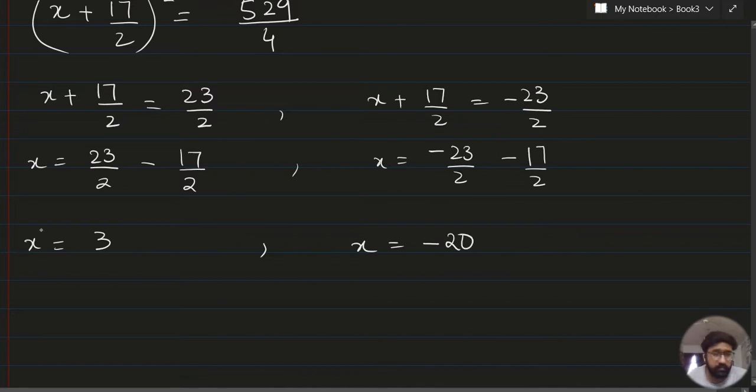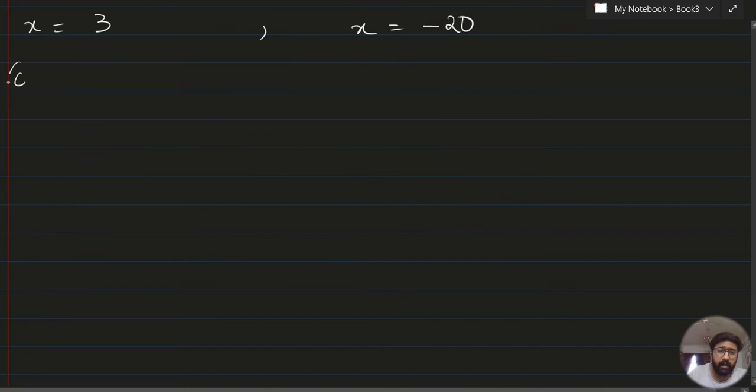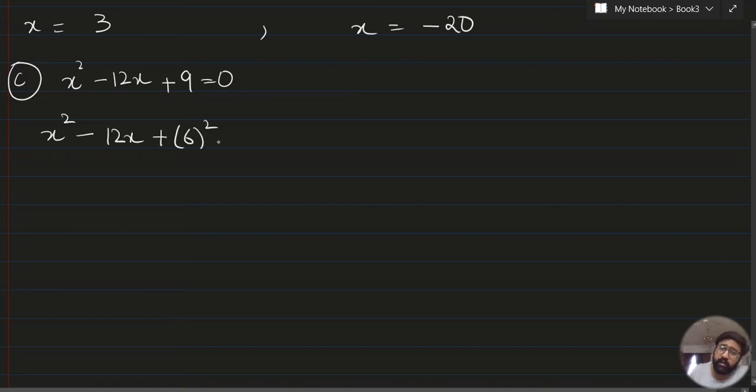Now the next is C part. Let's do the C part, and the C part is x square minus 12x plus 9 is equal to 0. Now again the same thing, x square minus 12x. So half of 12 is 6, so 6 square, and subtract 6 square plus 9 is equal to 0.